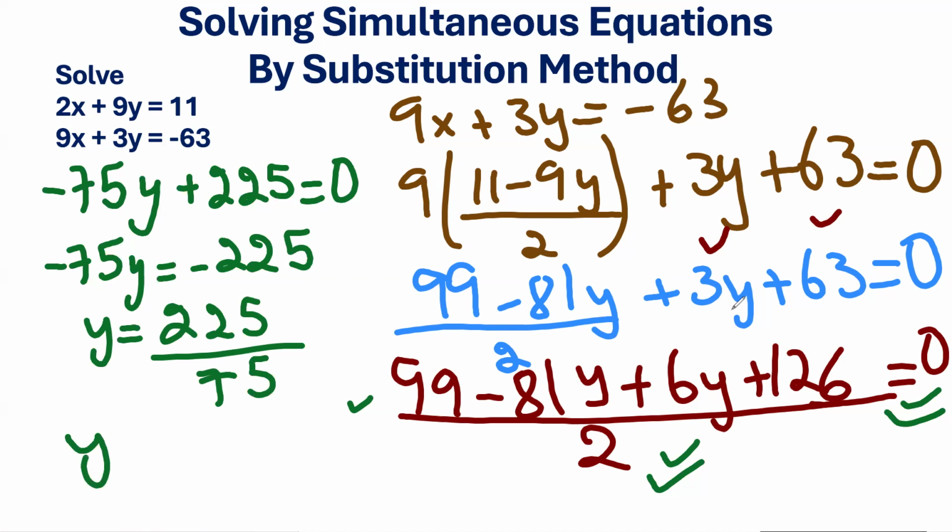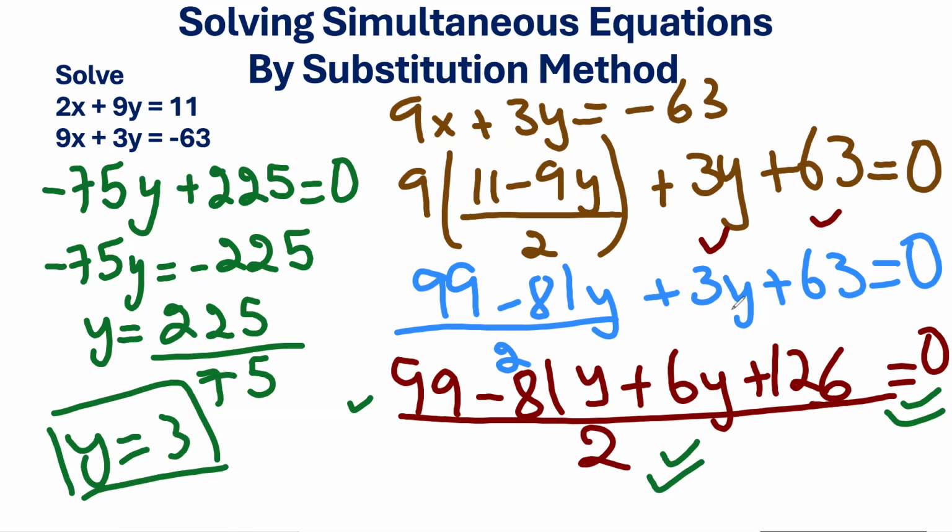From here you can get the value of y. 225 divided by 75 will give you 3. This is the value of y. y is equal to 3.